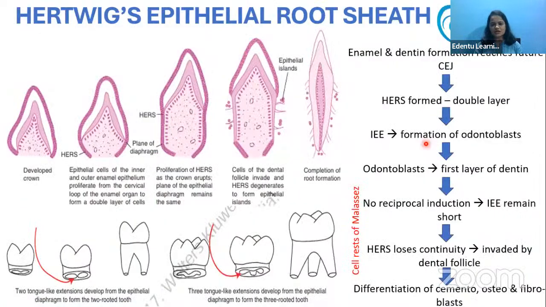The main structure that helps in the formation of the root is the Hertwig's epithelial root sheath.